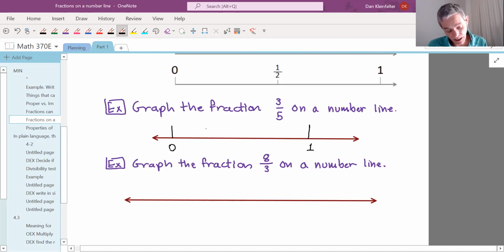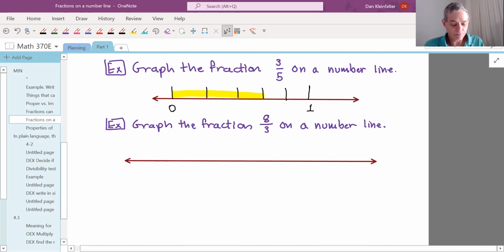This can be a little tricky, but we'll do our best. 1, 2, 3, 4. Out of those 5 pieces, I drew 4 lines to make 5 pieces. Out of those 5 pieces, I need to shade 3 of them. 1, 2, 3. There's 3/5 on the number line.